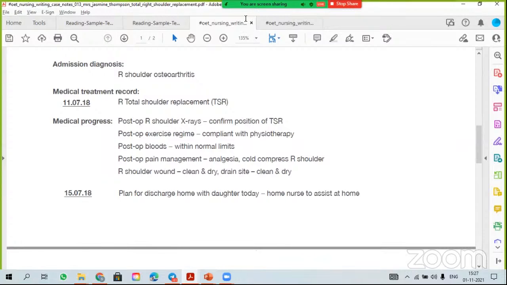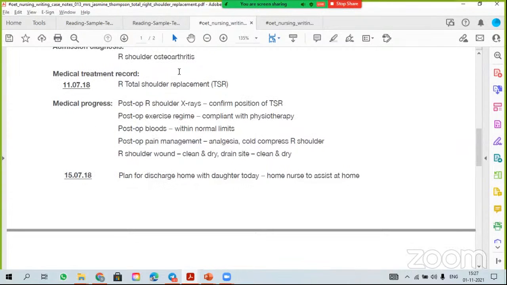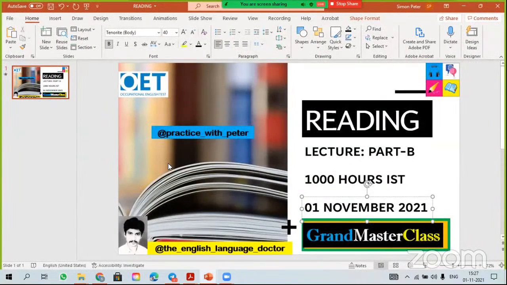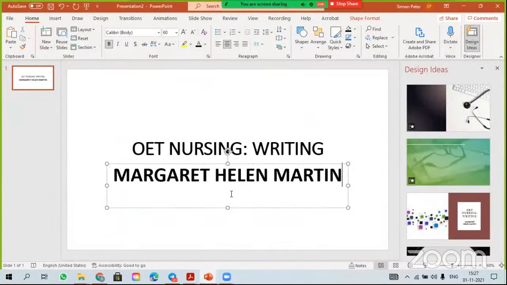So you have to follow this one. After replacement, the test is getting for discharge. It is not a diagnosis stage. It is replacement stage.